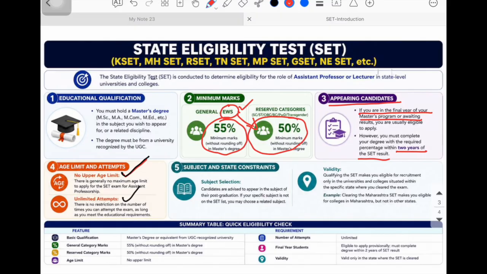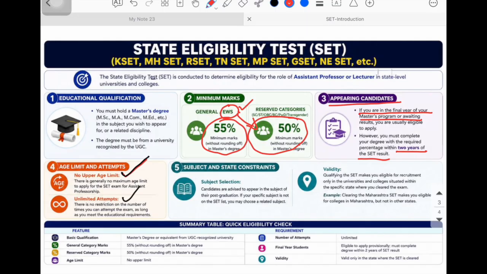But in some states they do not directly take; instead, after qualifying the SET examination, that particular state's public service commission conducts another PSC test for the vacant posts. So first you qualify SET or NET, and if you have a PhD, any of these qualifications, then in some states after qualifying the SET examination you have to go for another test.